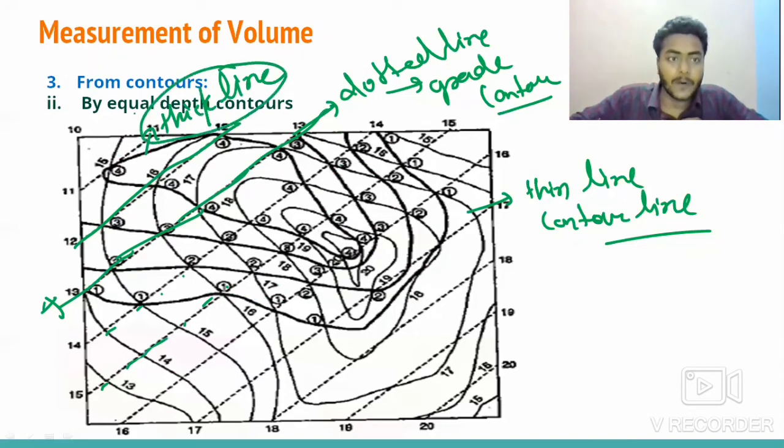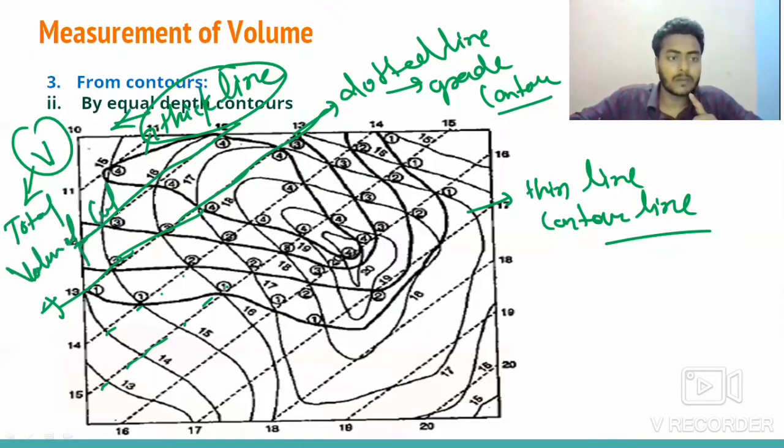So whatever the area is formed by the thick line, we can calculate by the planimeter, and we can calculate the volume. So this volume will give us the total volume of cutting. So that is we use to calculate the volume of earthwork.